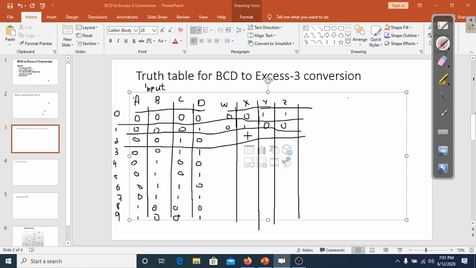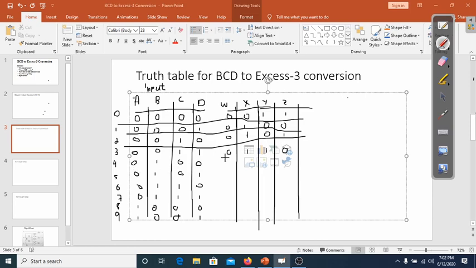Corresponding to 2, 2 plus 3 would be equal to 5. For 3, the Excess-3 output would be equal to 6, which is 0 1 1 0.